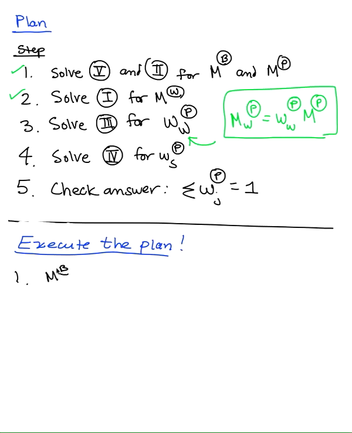The mass flow rate of B is equal to 0.252 times the mass flow rate of P. And so if you plug that in, so we're solving equations 5 and 2 at the same time, I'm going to plug that into the other equation.